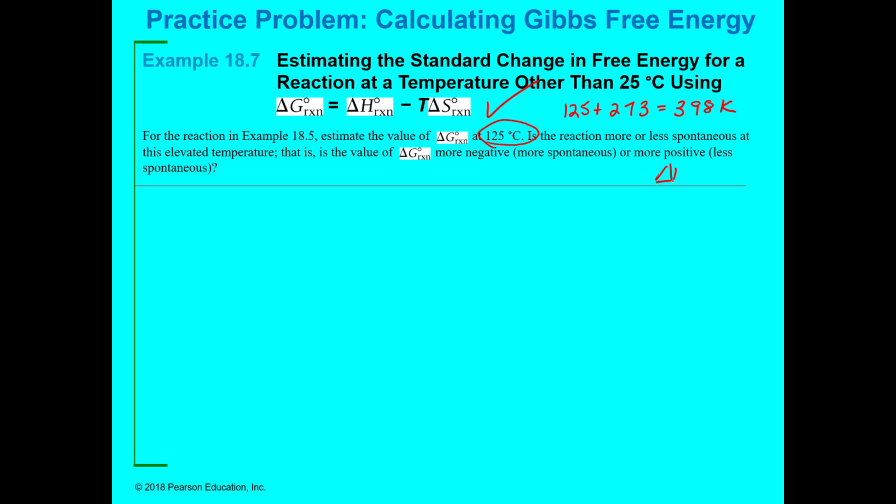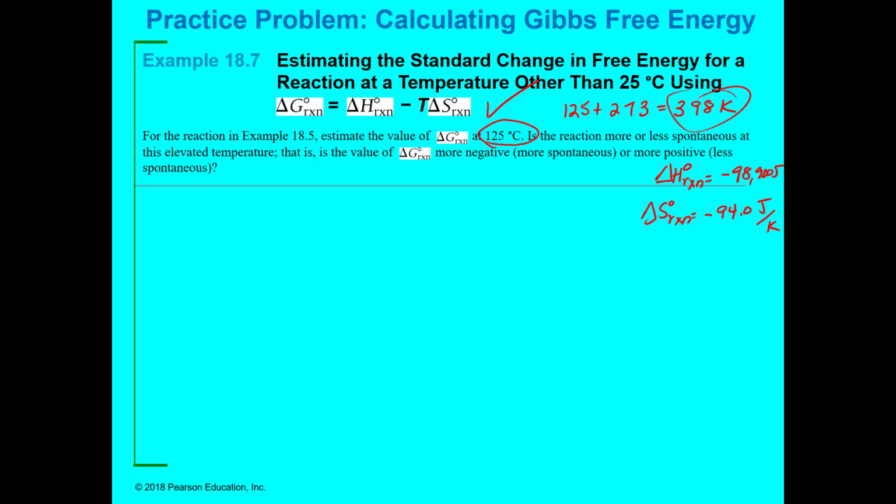So my delta H0 of the reaction that I already calculated was a negative 98,900 joules. My delta S0 reaction was negative 94.0 joules per K. And so now my new temperature is 398.